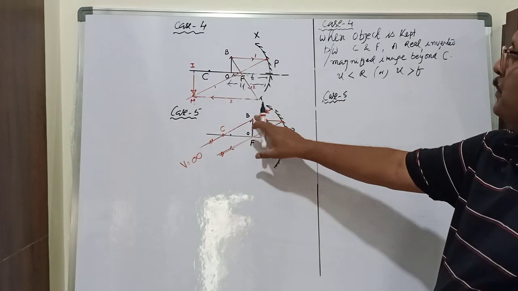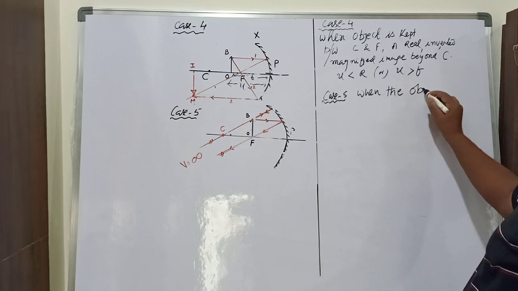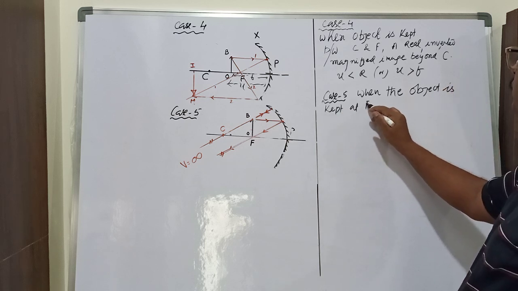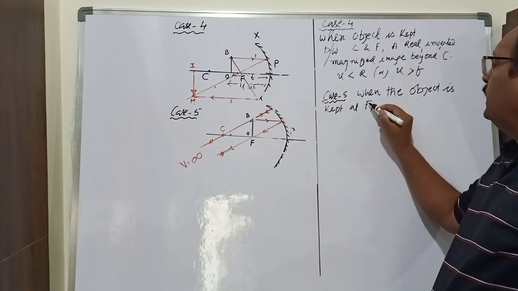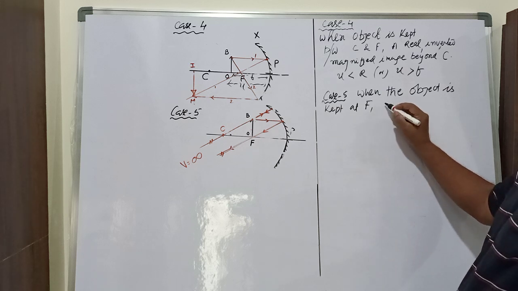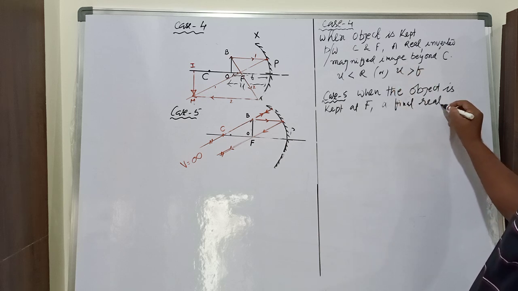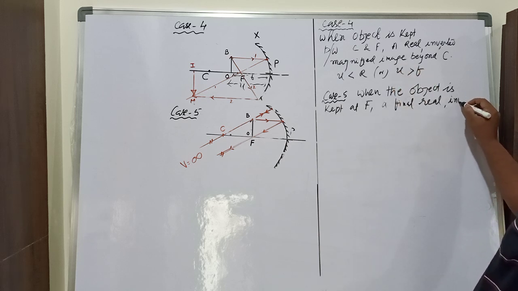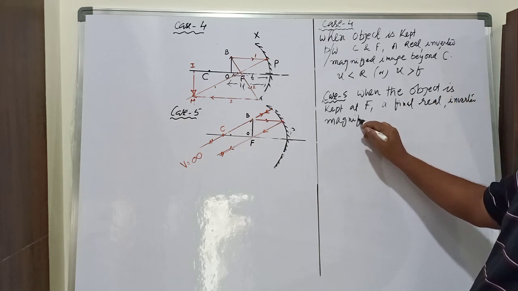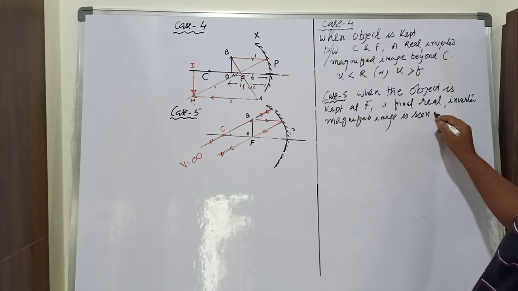Children, the case is that when the object is kept at F, a straight object is kept at F, a final real, inverted, magnified image is seen at infinity.